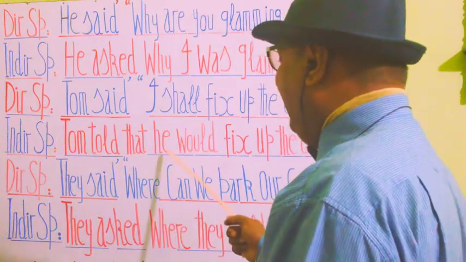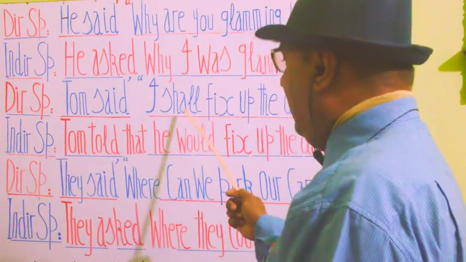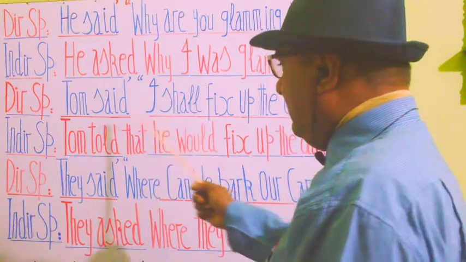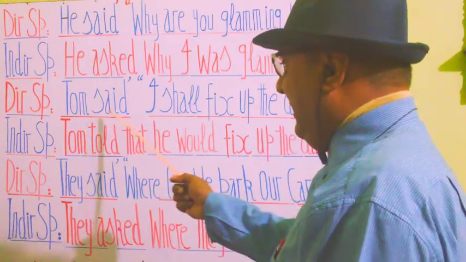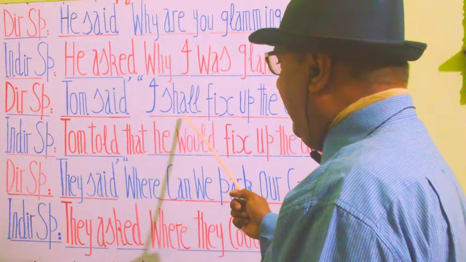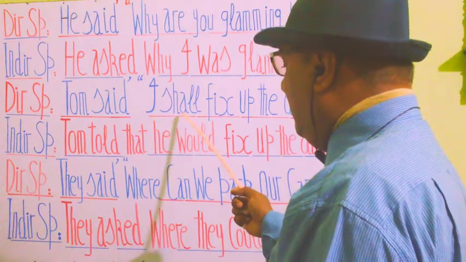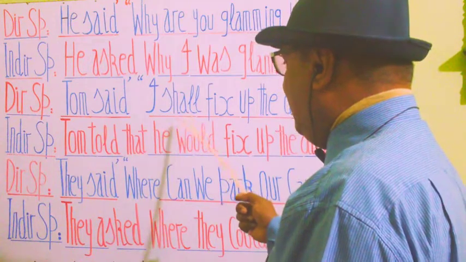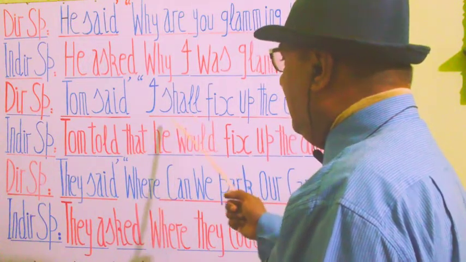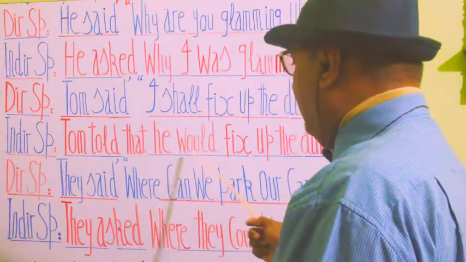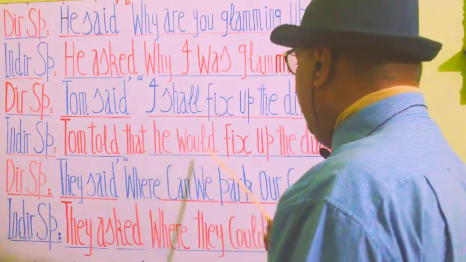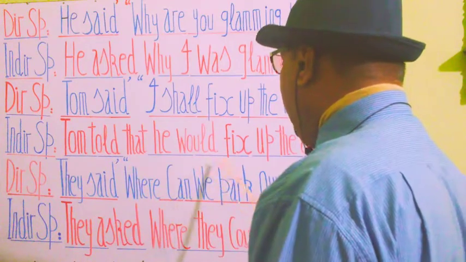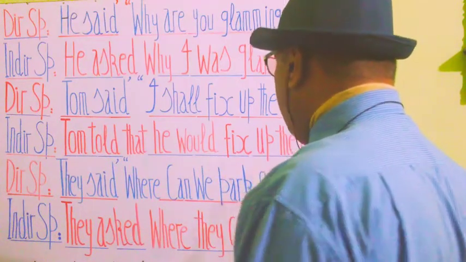Now we come to the helping verb, shall. By rules, if the first part is in the past, the inner helping verb would change into the past form. So we will write would: Tom told that he would fix up the dinner, full stop.